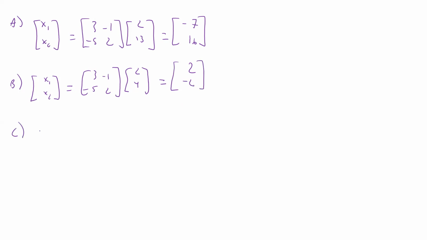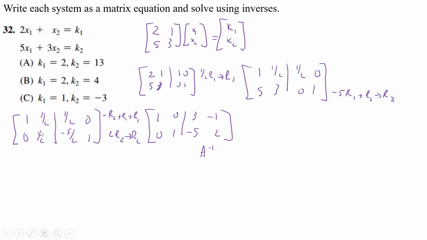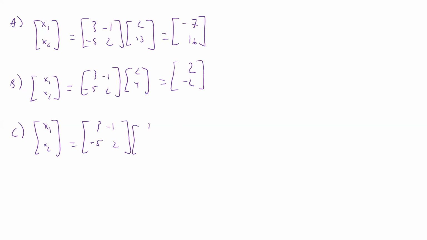And for C, we have x1, x2, and we have [3, -1; -5, 2], multiplying that by now 1, -3. So we'll have 3 plus 3, which is 6, and -5 minus 6, so it's going to be -11.